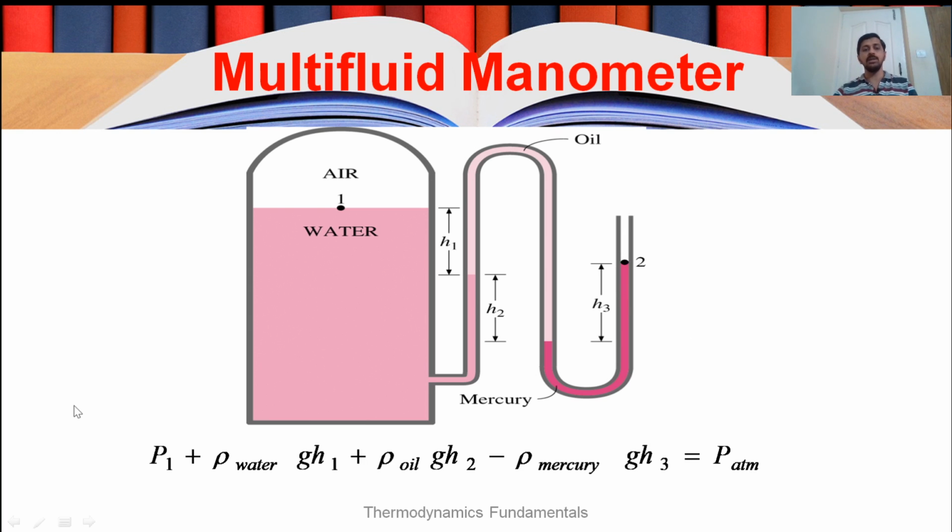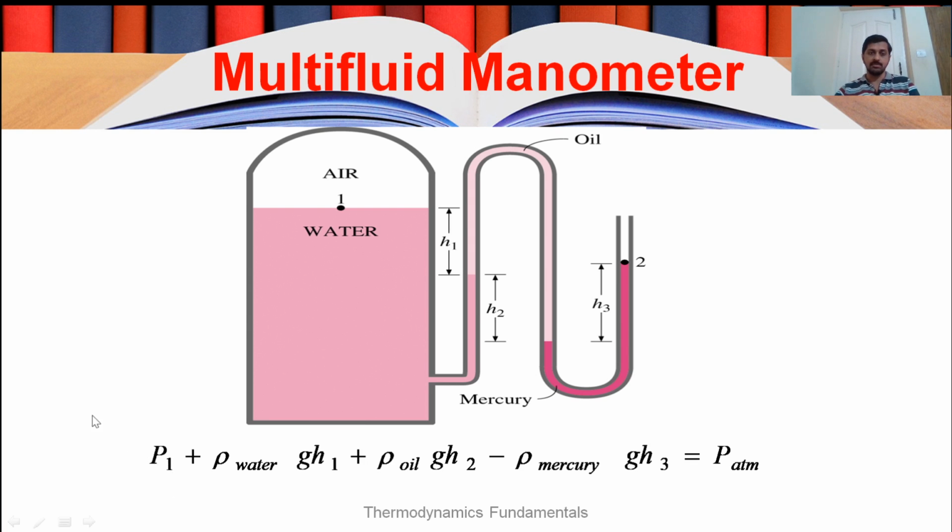So we are equating the pressure on the left and right side of the limbs of the manometer. Thereby we will be able to evaluate the pressure P1.